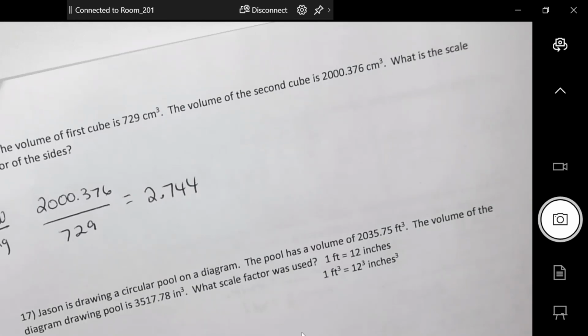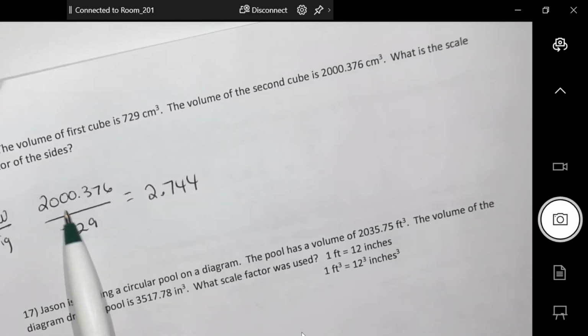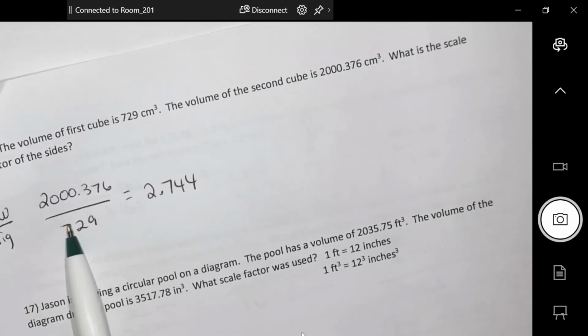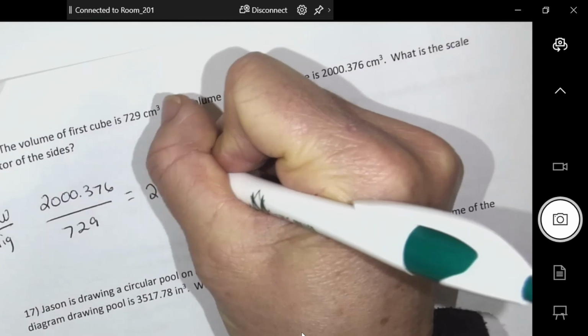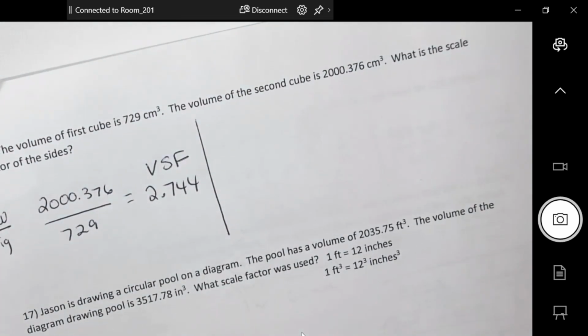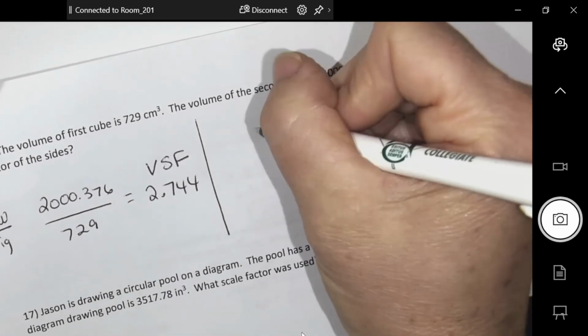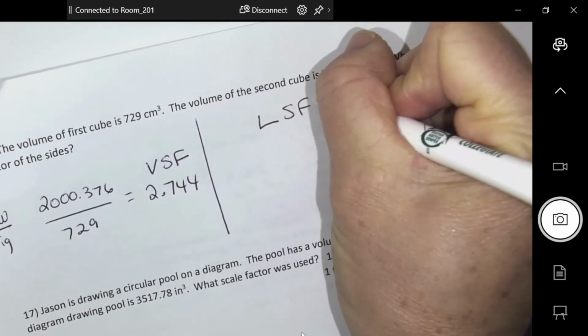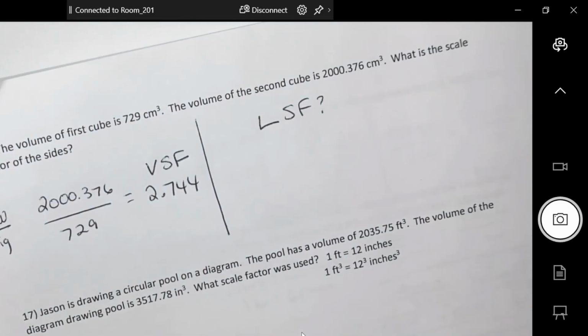Okay. I would like to label that number as something. What is that telling me? What was I comparing here? Those numbers were the volumes. So this would be the volume scale factor. What is the scale factor of the sides? So what is the linear scale factor?